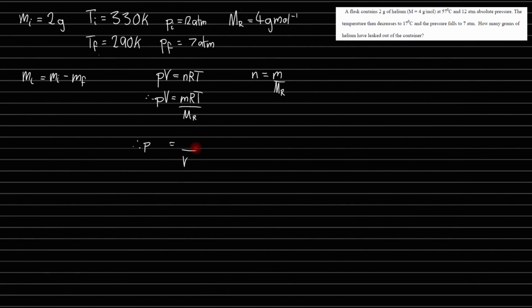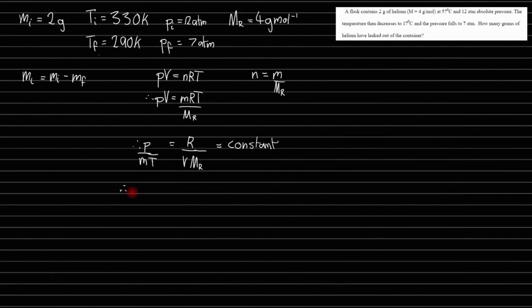The molar mass of helium is a constant, so that can stay on the right. We can then divide by the mass, which we know is changing. The universal gas constant is going to be the same, and the temperature is also changing, so we can divide that and put that on the left as well. A constant divided by another constant times a constant is going to be a constant.